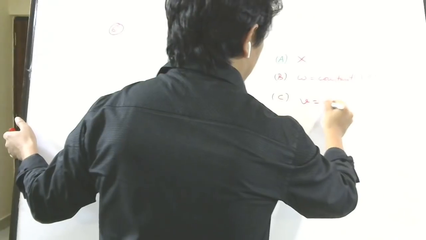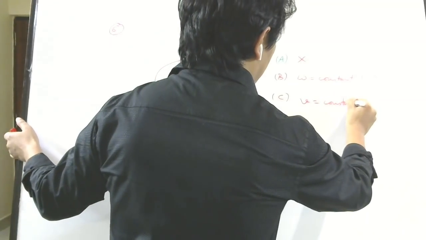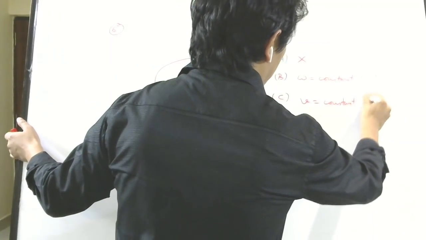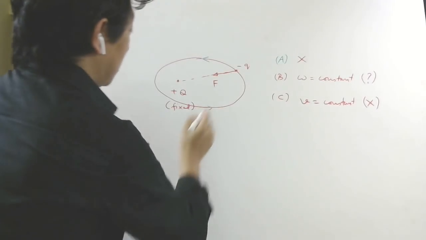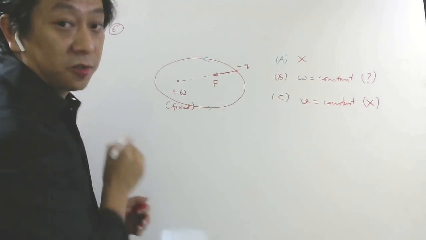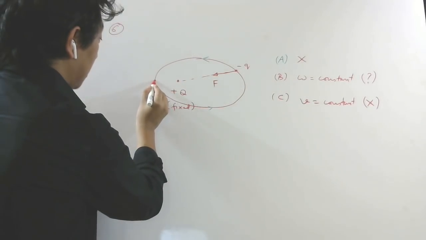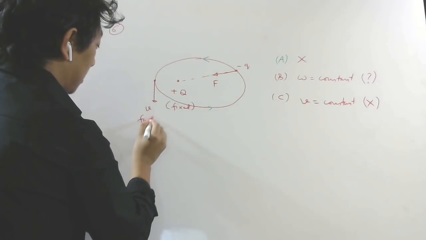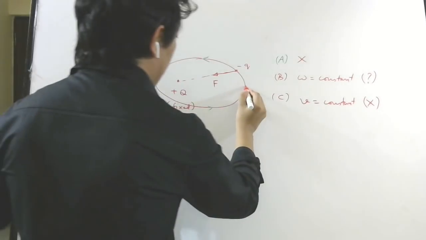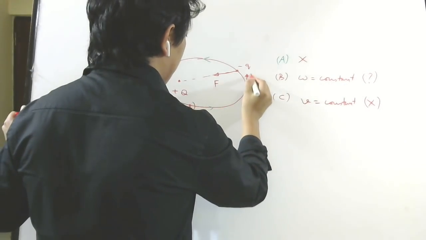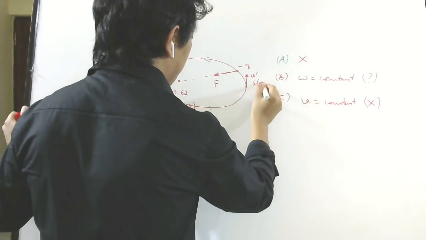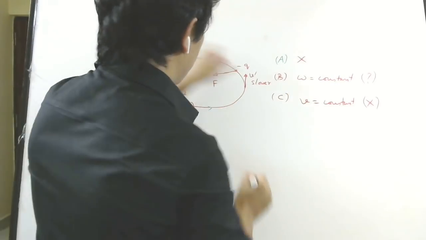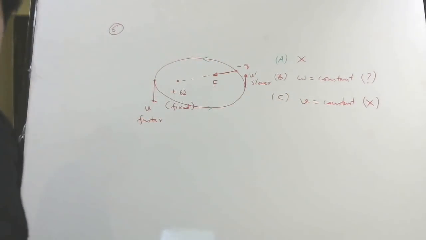Speed is constant. This is pakka wrong. Why? See, it is moving in an elliptical orbit. So we know when it comes nearby, its speed will be faster. And when it is far, its speed will be less, slower. So speed is not constant because it is moving in an elliptical orbit.